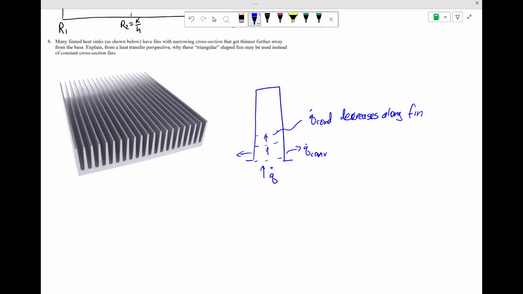So another way of posing this is that for a given amount of material, let's say you've got a certain mass of material and you're trying to design an optimal fin that's going to have the highest efficiency, if you recognize that the greatest heat flux has to move through the base and there's very little that needs to flow through the tip, if you were to reform that fin or redistribute the material in the fin into something like this, so essentially imagine these two had the same areas in the cross-section, this triangular fin would have more cross-sectional area where there is a higher heat flow rate.